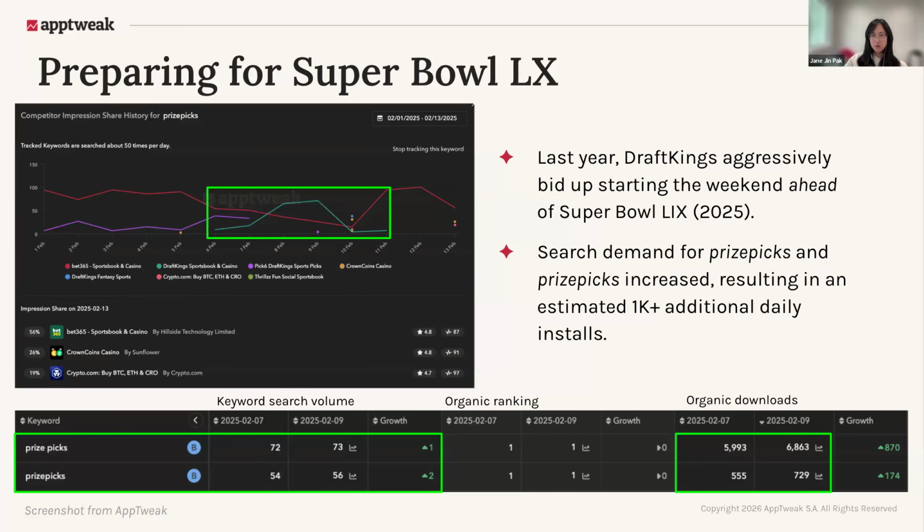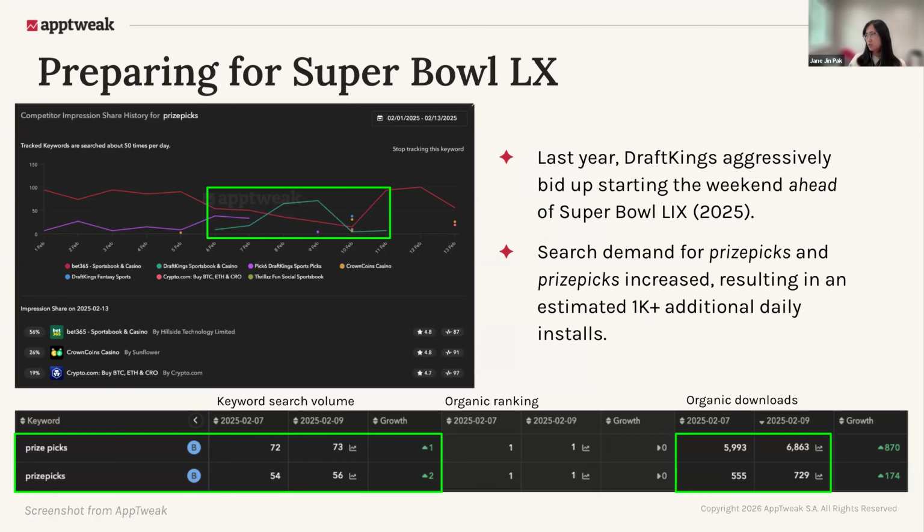As I mentioned, specific to this, we were preparing for the Super Bowl, and preparation started about a week out. I went into our impression share history and looked up specific brand terms and noticed that certain competitors were starting to increase their impression share on the brand terms.